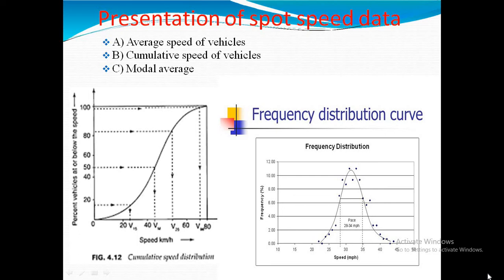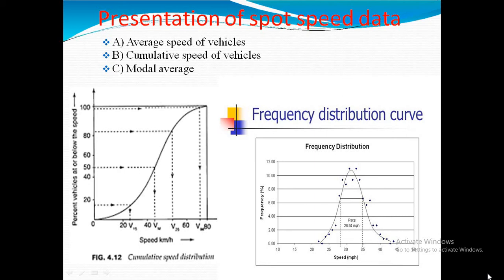This curve will have a definite peak value of travel speed across the section, and that speed is denoted as modal speed. The speed distribution curve is helpful in determining the speed at which the greatest proportion of vehicles move, given by the modal speed.